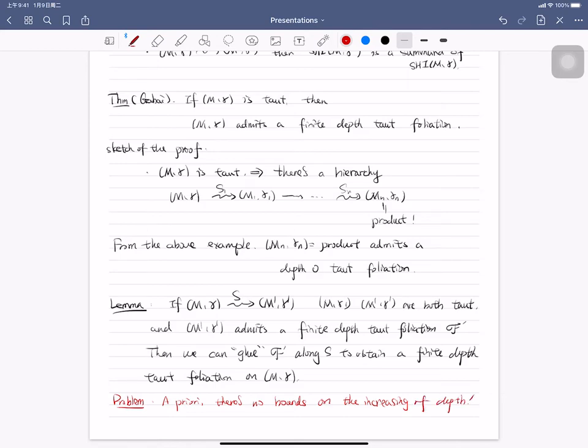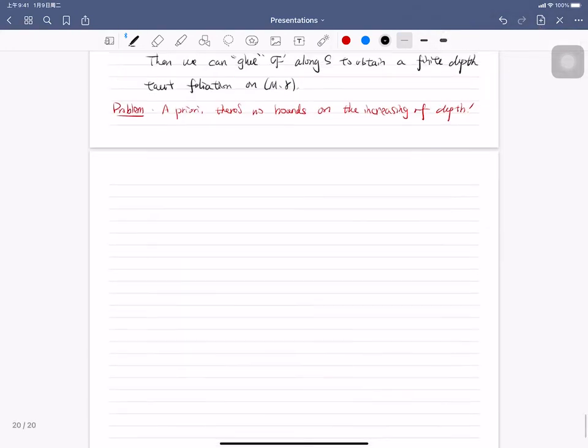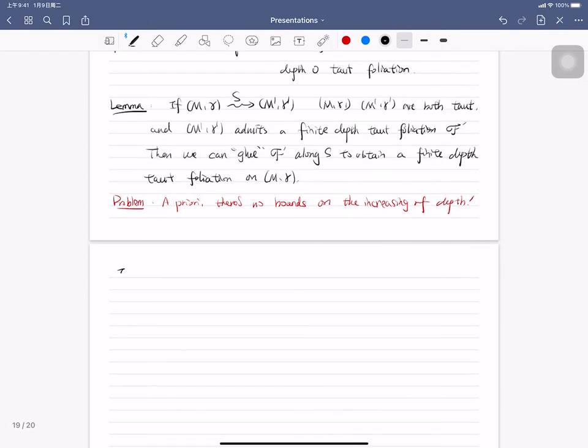In Gabai's original discussion, it's hard to know how much the depth of the Taut foliation will increase during this gluing process. That's why we could only obtain finiteness, but not a bound. So then how can we prove our main theorem?